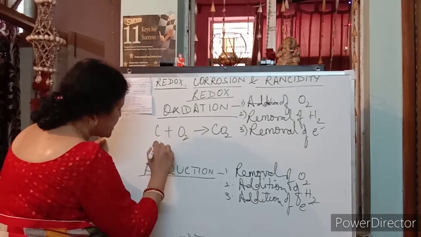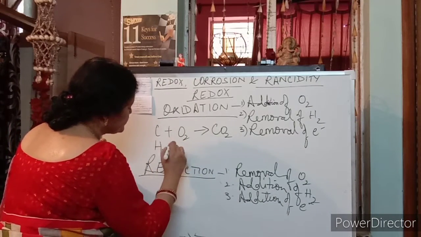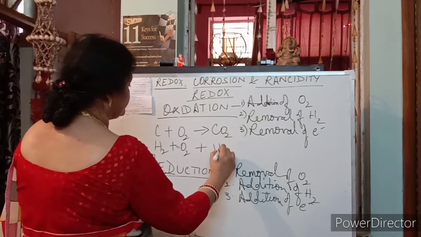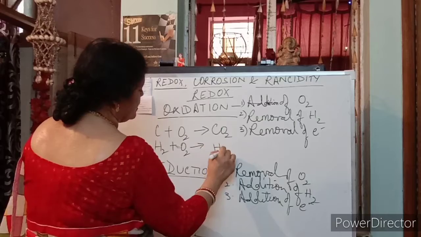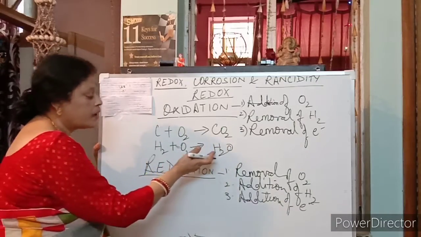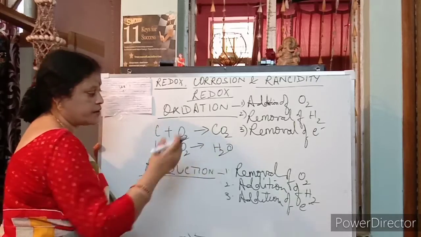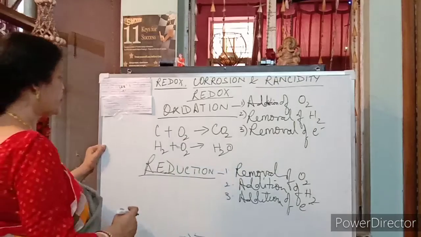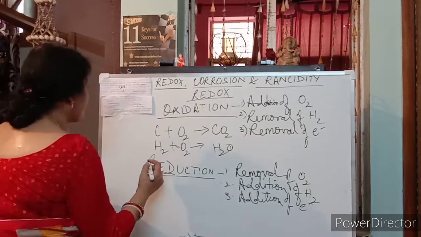If I say H2 plus O2 gas, hydrogen plus oxygen gives water. That means what happens? Again the oxygen is added to the hydrogen. Gives water. This is what? Oxidation reaction.